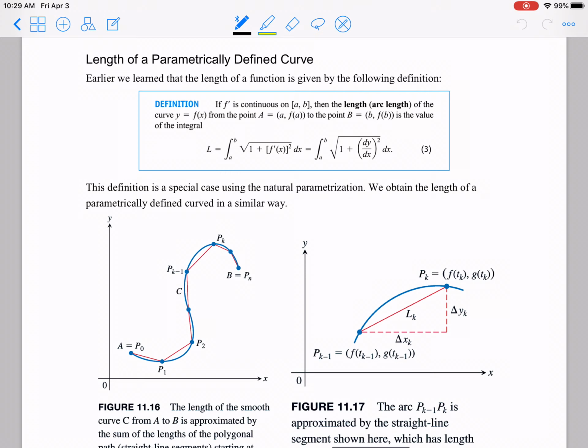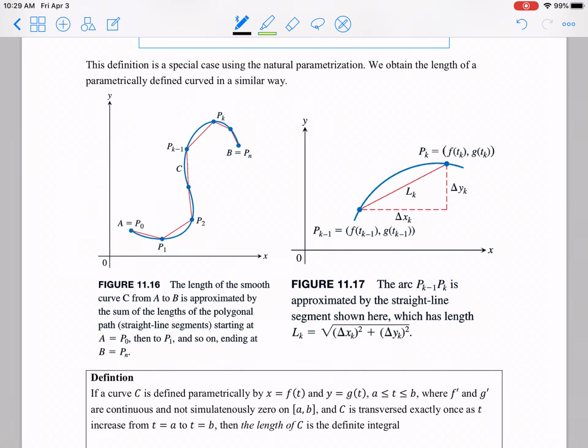I'm going to skip this one altogether because it's just a special case, when you parameterize in that super simple way like we did before, where you just make x equal to t. Anyway, you end up with this.